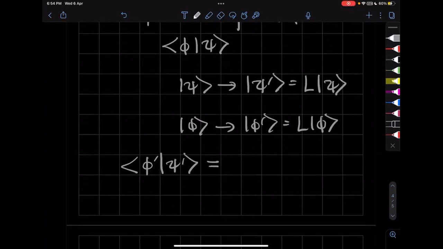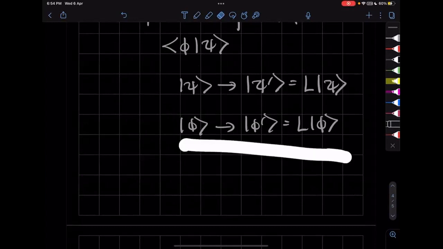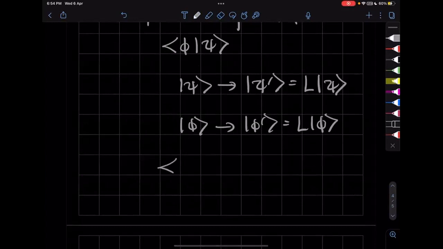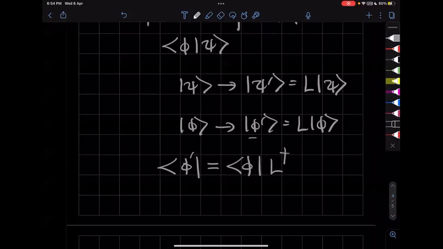The way we go from this vector space to its dual is by taking the Hermitian conjugate. So this prime is going to be this guy, L dagger. This is the Hermitian conjugate of that.